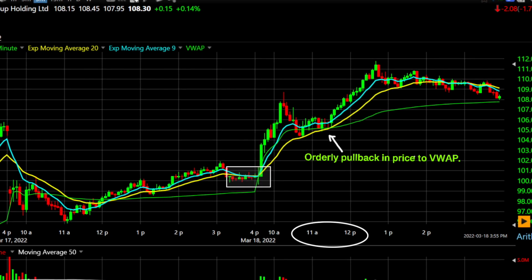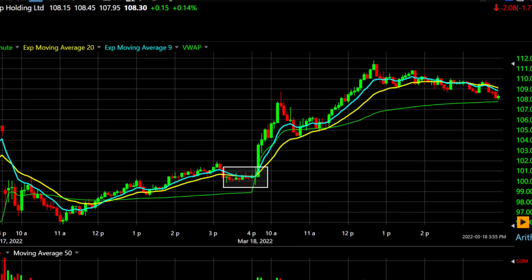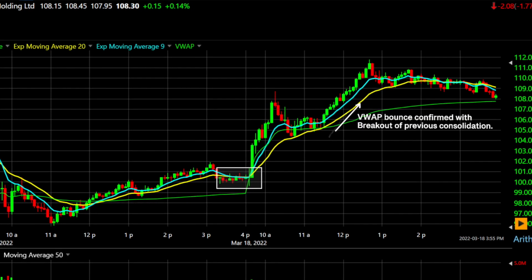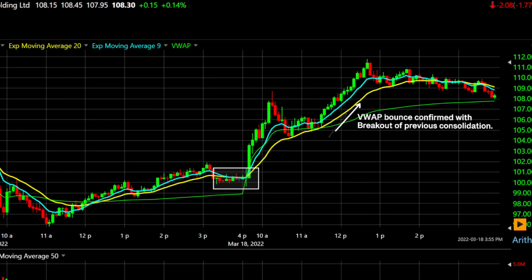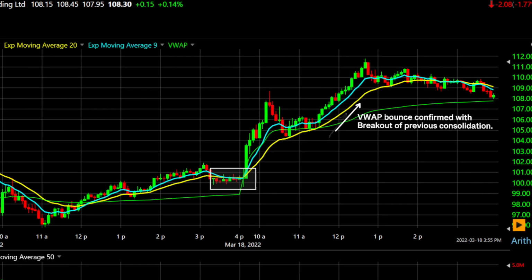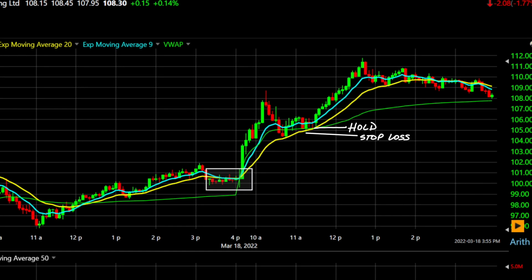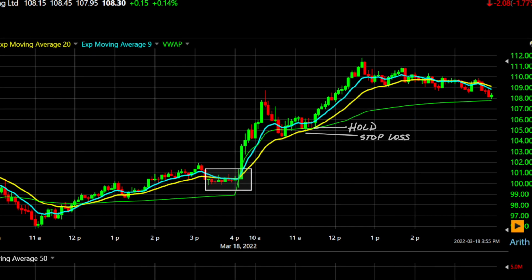You start to marinate right around that VWAP area, and as you come out of lunch, you'll get a secondary run in these charts. What I like to do is, when I see the VWAP area hold, I'll put a stop loss right up under it, and now I'm playing this thing back into the high of day. I'll sell off half, and then I'll trail up the 9 EMA for the rest of it.